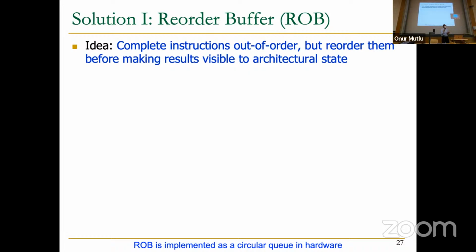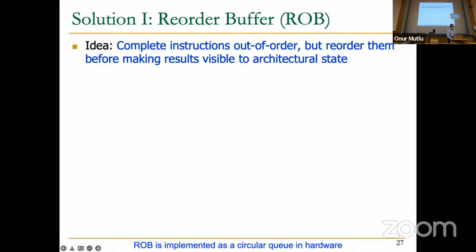But we don't write the result to the architectural register file until that instruction becomes the oldest in the machine, meaning we need to buffer those results somewhere. That's the idea here. We can take those results and forward them to later instructions. So later instructions can make progress, but we don't write them to the register file. We don't expose them to the architectural state.